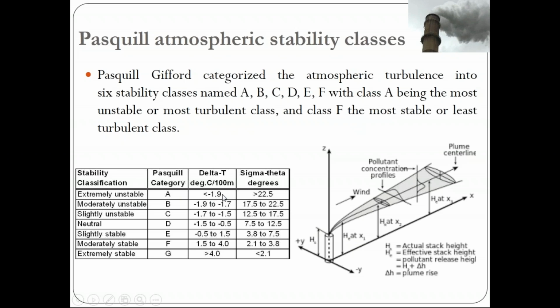So here you can see extremely unstable is more than minus 1.9 change in temperature per 100 meter, then moderately unstable B, slightly unstable C, neutral is D, slightly stable is E, moderately stable is F, and extremely stable, we can say the calm condition, where more than 4 degree temperature is changing at every 100 meter. So extremely stable condition.